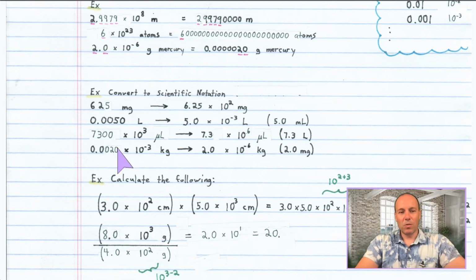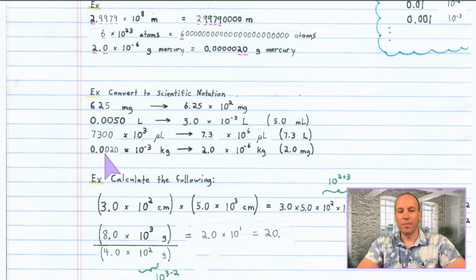Another way to think about these last two examples, okay, when you already have your power of 10, if you take that decimal point and you change this by moving the decimal point to the left, that bumps your power of 10 up. So you already have 10 cubed, and if you're moving this to the left by 3 positions, then you move this up by 3 positions to 10 to the 6.